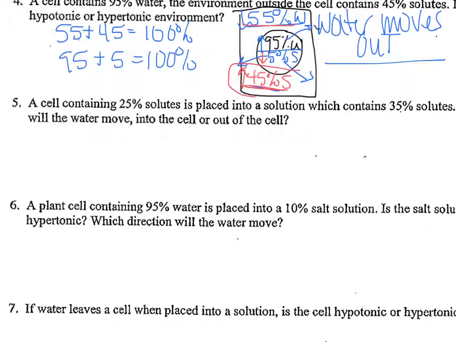And if we have high solute, like when we eat lots of sugar, we are going to be hypertonic. So our environment for this problem is hypertonic. That means that our cell, if we look right here, is hypotonic. It has low solute. It's just going to be opposite of the solution.